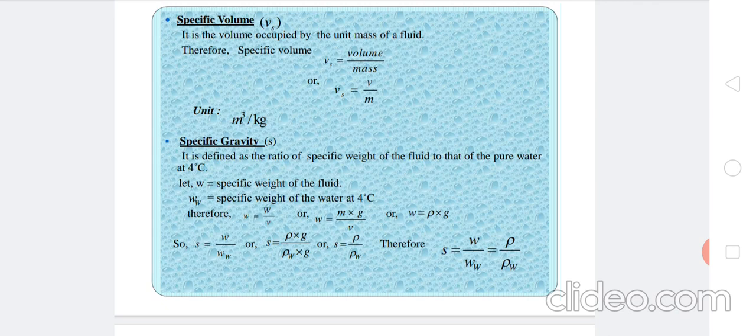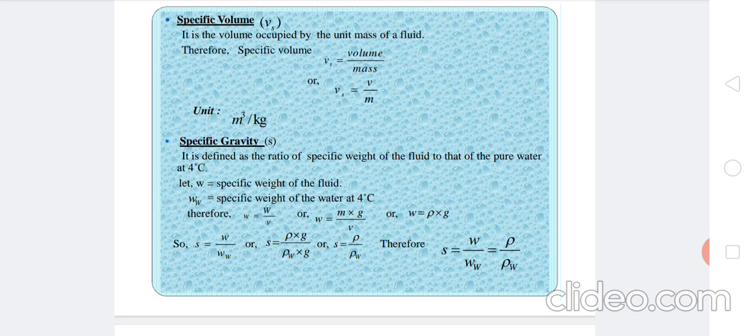Last, specific gravity, S. It is defined as the ratio of the specific weight of the fluid to that of pure water at 4 degrees centigrade. Let small w equal the specific weight of the fluid, and small w of water equal the specific weight of water at 4 degrees centigrade.